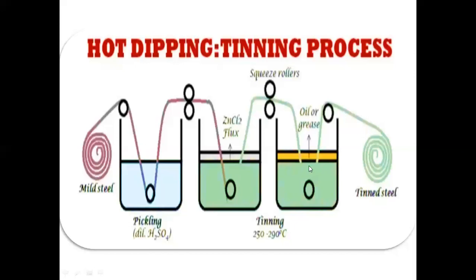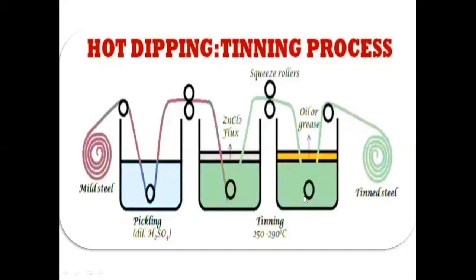It is then dipped in the oil or grease. As the flux is very hot, the hot layer of zinc will adhere to the surface of the steel. So after passing through the rollers, the sheet of steel is dipped in oil or grease.